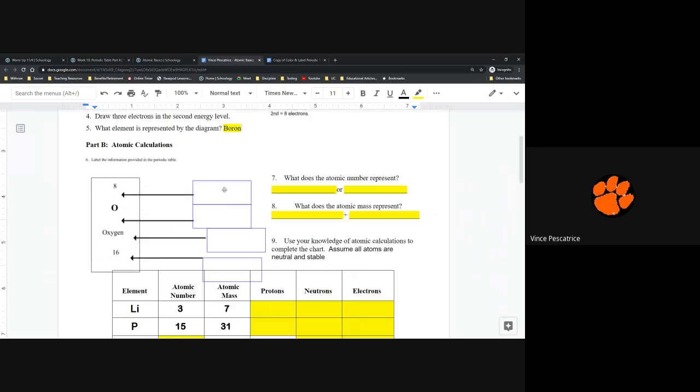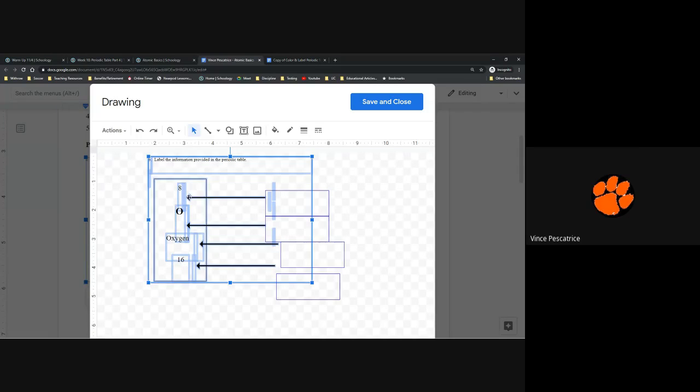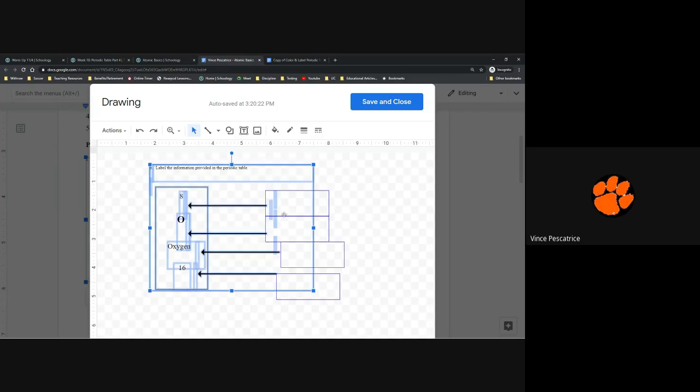So let's recap that. When you're looking at these in part B, label each section. I apologize for the alignment being a little bit off here, but it's fine. You know what I'm getting at.